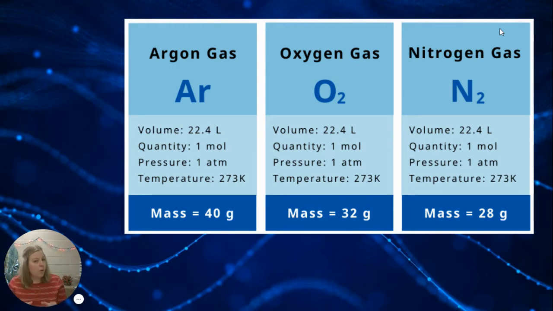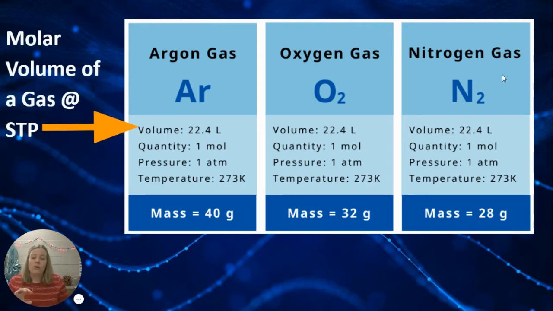That volume is 22.4 liters, and that is what we call the molar volume of a gas at STP. This is a number you're going to want to stick in the lockbox. Remember that any gas, argon, oxygen, nitrogen, carbon dioxide, carbon monoxide, whatever you want, at standard temperature and pressure, 1 mole of that is going to be 22.4 liters.